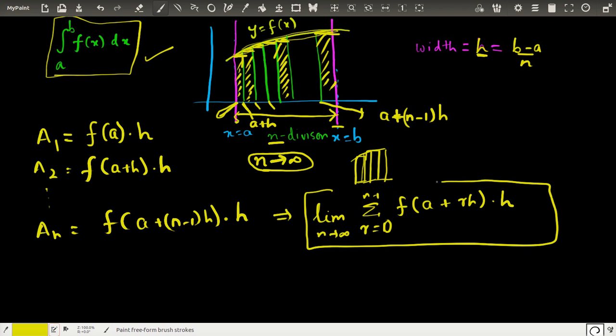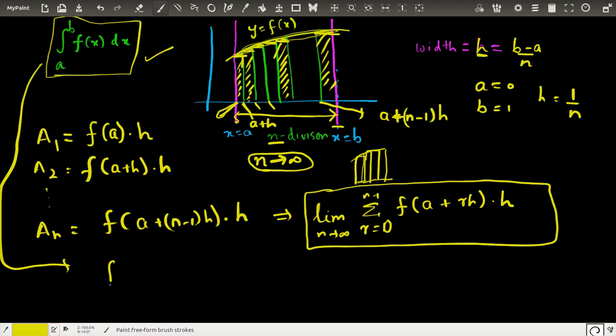Now the special case: assume a is equal to 0 and b is equal to 1, so h would be 1 by n. Under this, this integration, we can write as the integral from 0 to 1 of f(x) dx.